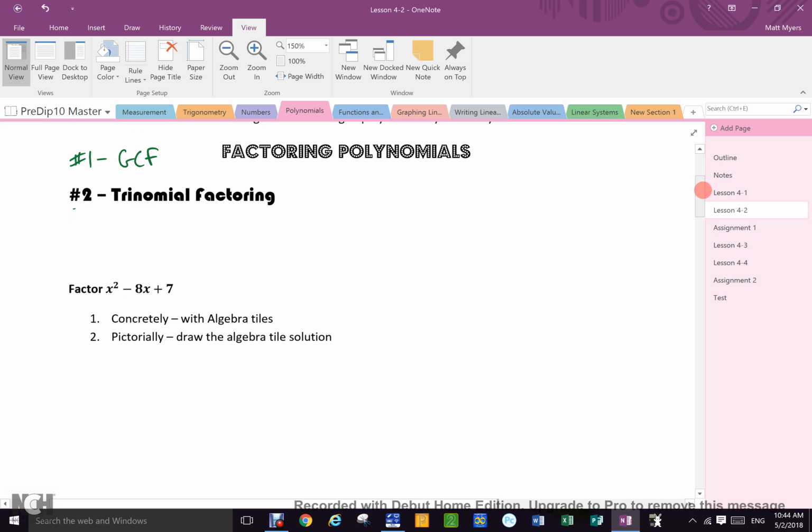Next, we go to trinomial factoring. When do we use trinomial factoring? When there's 3. We use it on trinomials that do not GCF.